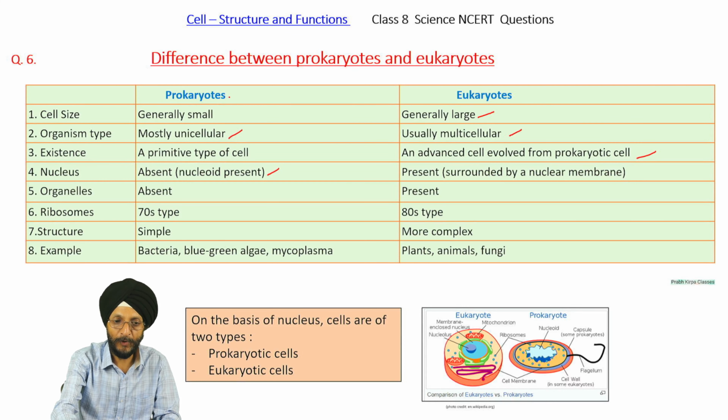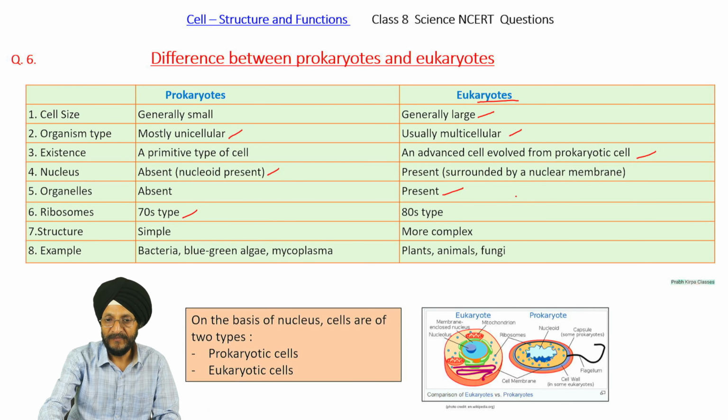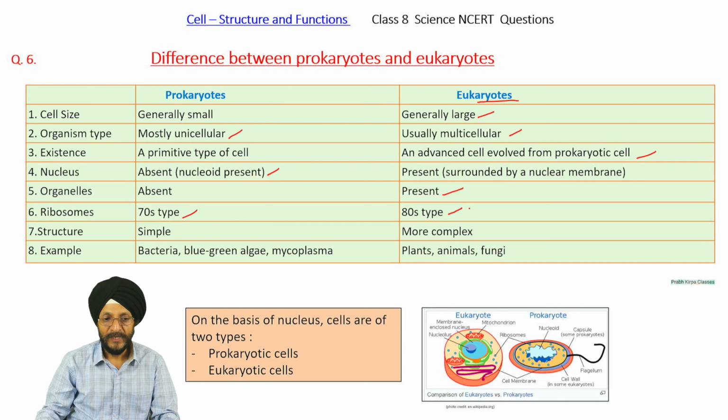In the case of prokaryotes, cells do not contain organelles, whereas in the case of eukaryotes, organelles are present in the cells. In the case of prokaryotes, ribosomes present in the cell are of 70S type, whereas in the case of eukaryotes, 80S type of ribosomes are present in the cells.